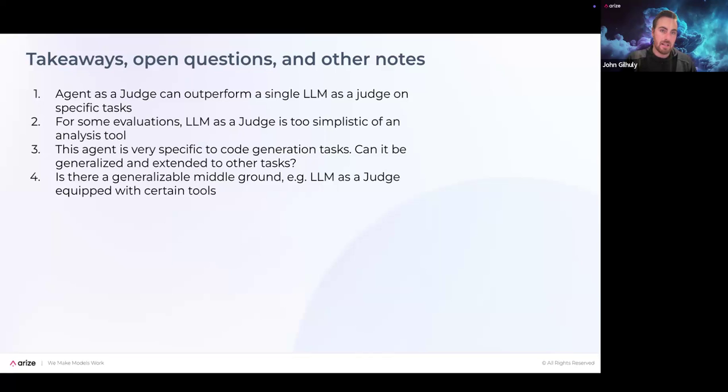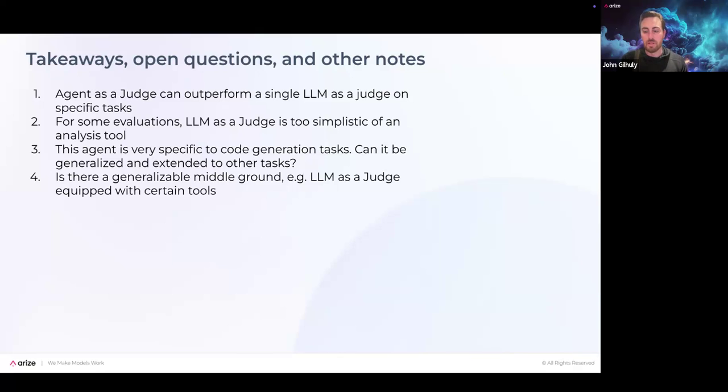I guess the last piece I would add on the takeaway front here is that a lot of times our paper readings get back to a simple question, which is, what is an agent and what actually makes something an agent? Because I do think there's also a potential middle ground between LLM as a judge and agent as a judge, where you have an LLM as a judge, maybe you have a few that are looking at specific parts of your agent executing, but then you also equip them with some tools.